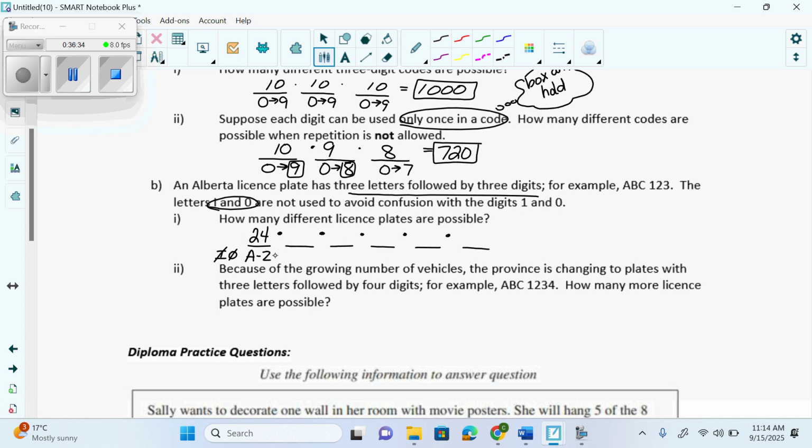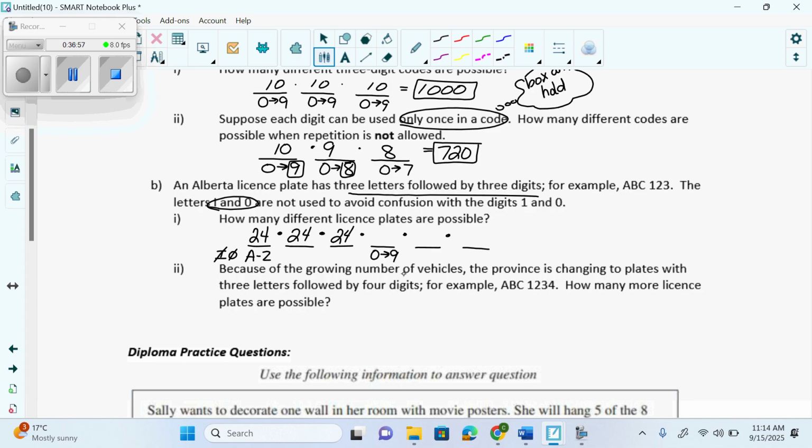Okay? So now is it 23, 22? No, what is it? 24, 24, because it doesn't say anything about not being able to repeat. Correct? So it'd be 24, 24. Then what options do I have for digits? 0 to 9. Are there any restricted digits?